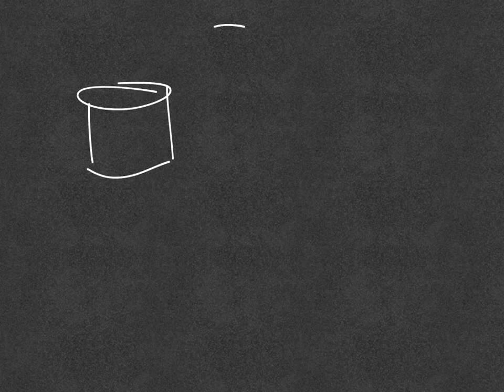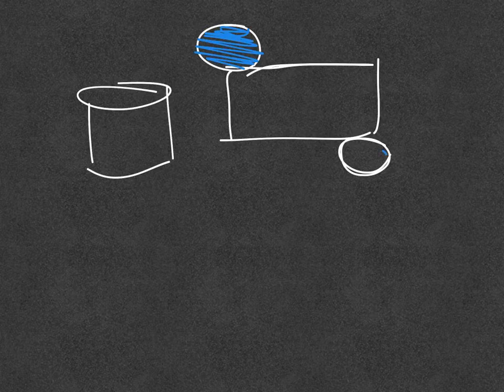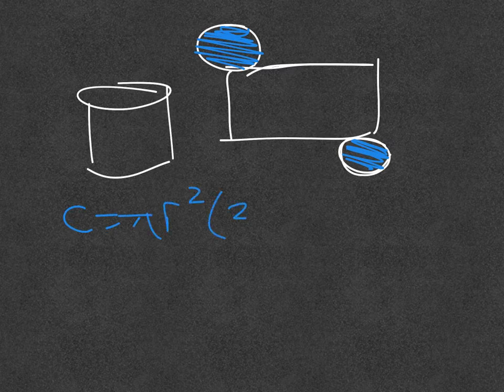So we've got our cylinder here, this, that, that. We already know that for our circles, circle equals pi r squared. And we're going to times by 2 because there are 2 circles.